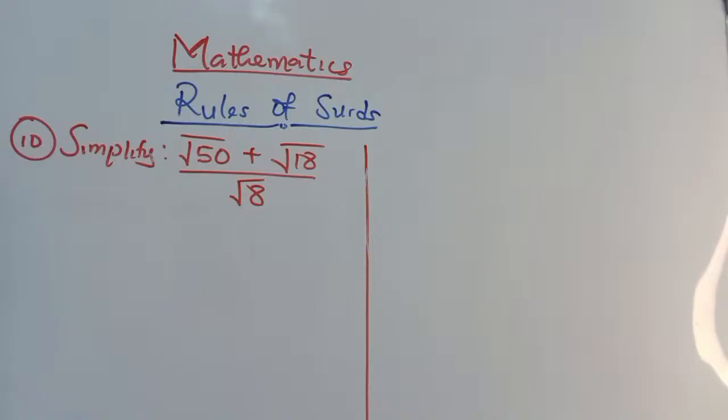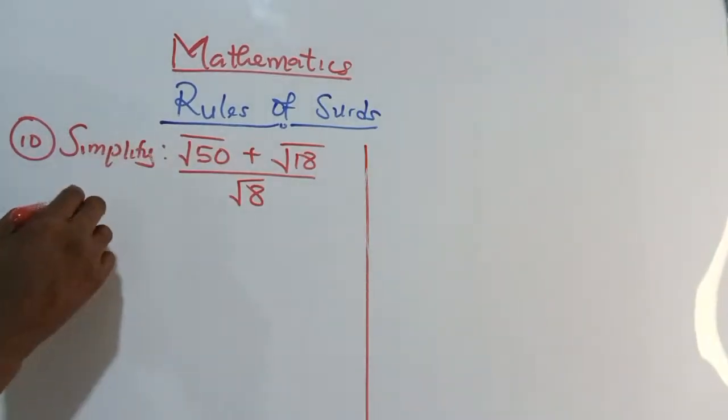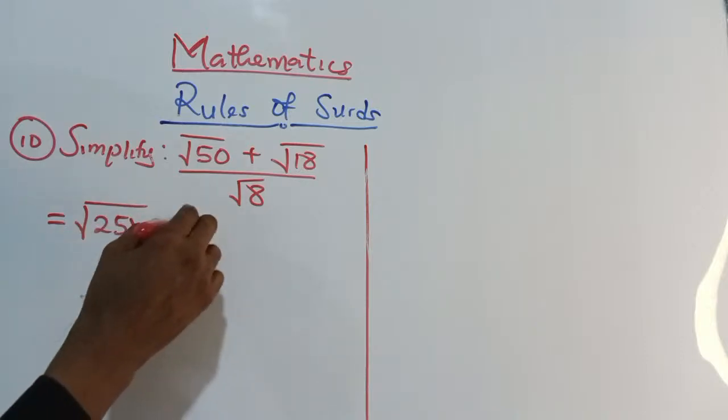Okay, so what do we do? Let's write out the factors of those numbers, and don't forget one of the factors must be a perfect square number that you can find its square root. So let's start with 50. 50 we can do 25 times 2. 25 times 2 for 50.